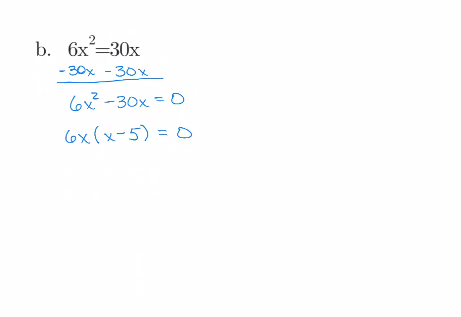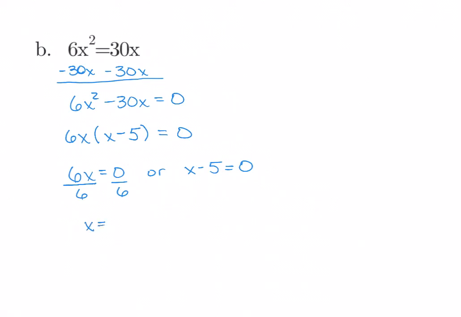So we have two factors equal to 0. The first one is my greatest common factor. We get 6x equals 0, or x minus 5 equals 0. So let's solve each one of these little equations. The first one we can divide by 6.